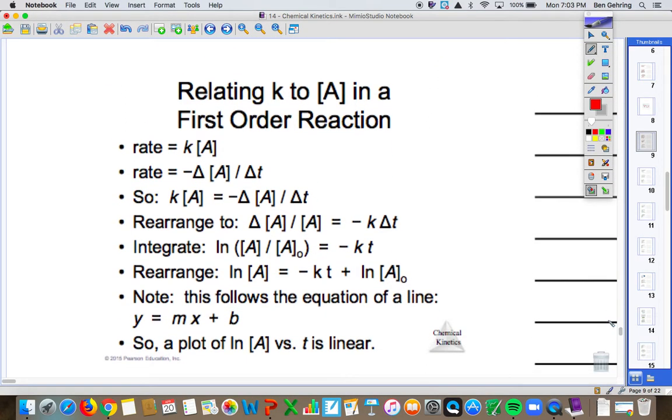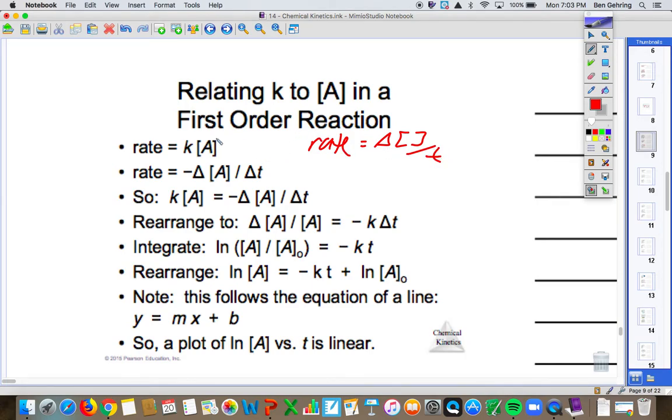So when we talk about k and A in a first order reaction, your rate is equal to k times the concentration of A, which we talked about. Or, like we talked about earlier, a rate is looking at a change in concentration divided by a change in time.